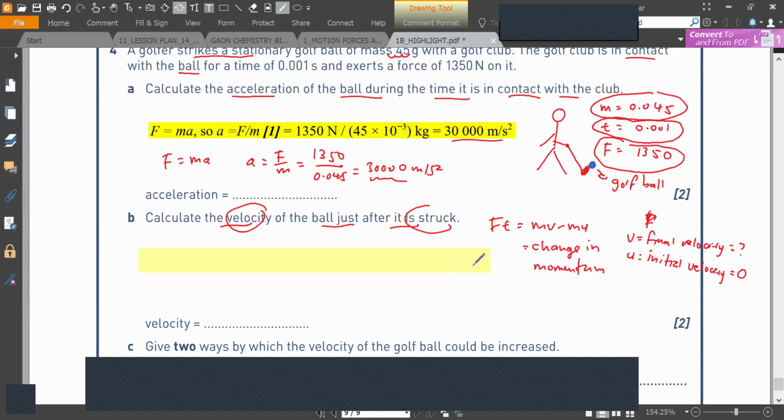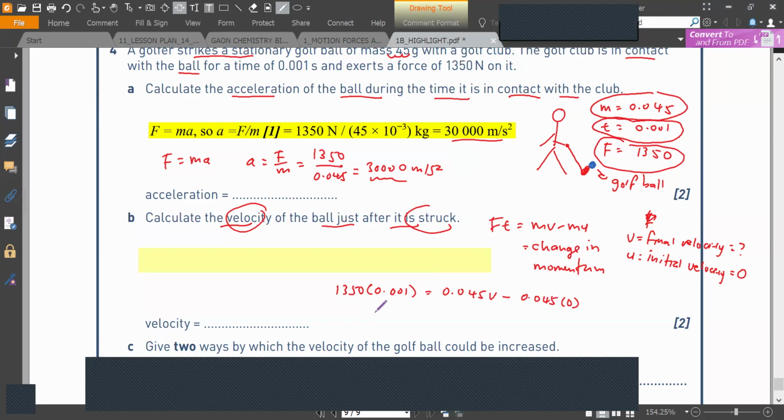Now we can input all the information that we have. F is 1350, time is 0.001, m is 0.045. So 0.045 v minus 0.045 multiplied by 0, since u is 0.